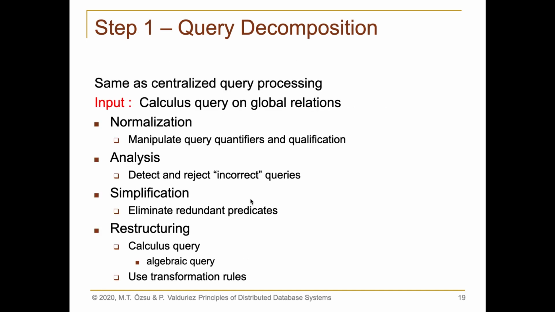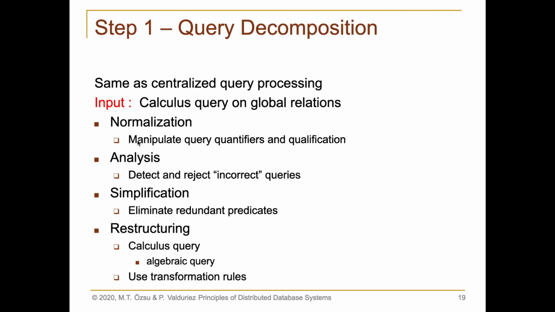The first component in distributed query processing is query decomposition. Query decomposition operations are more or less the same in both centralized and distributed database environments. So they take input as calculus queries on global relations and execute operations like normalization, analysis, simplification, and restructuring.